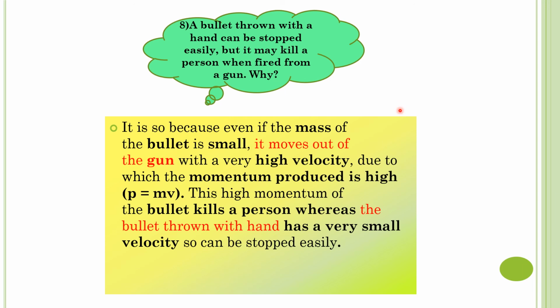But when you're firing from a gun, the velocity is very, very high. Now, since the velocity is very high when it moves out from a gun, the momentum produced is very high. And this high momentum produces a large force on the body, which kills the person.